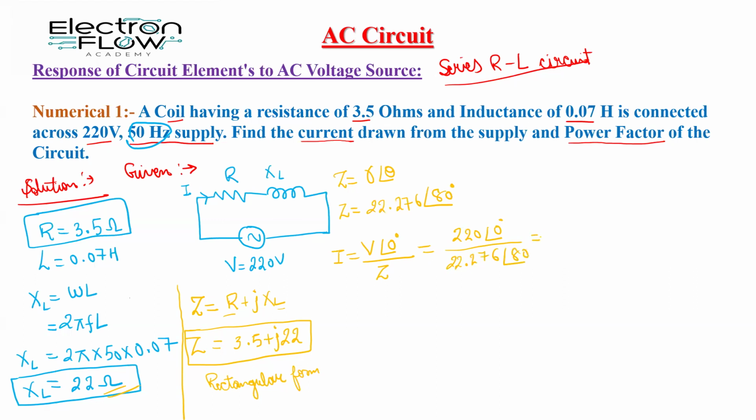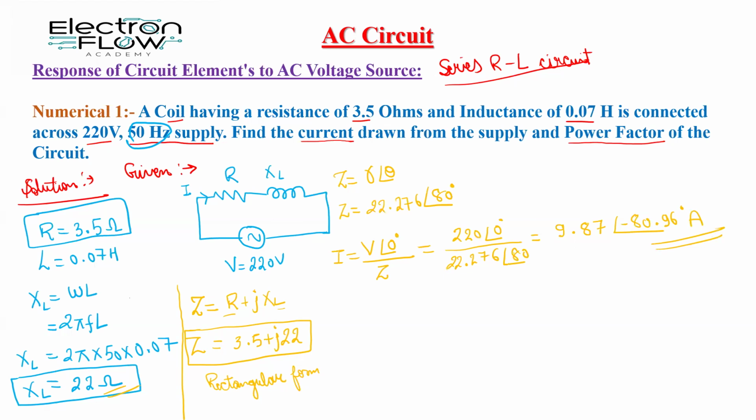So the value of the current is 9.87 at an angle of minus 80.96 degree. This is our first answer, in ampere.